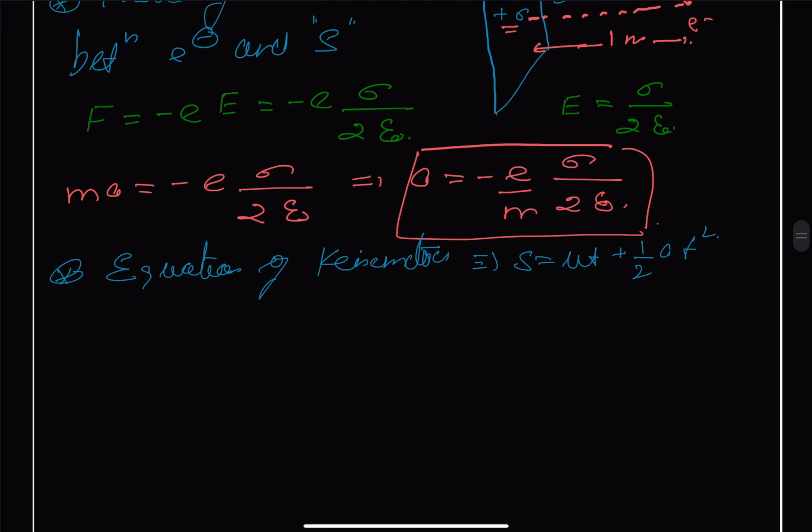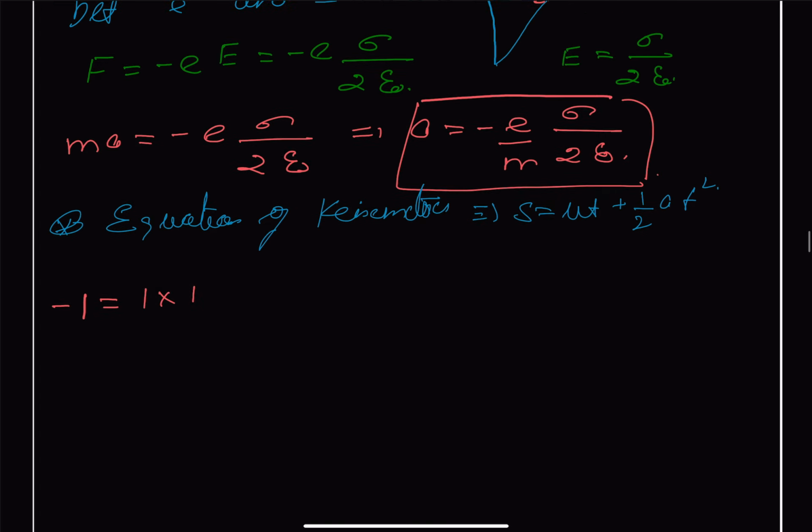So we substitute the values, we get S is our 1 and u is our 1, time is also 1, and acceleration we just found out is minus E sigma upon m into 2 epsilon naught, and this comes as t square, 1 square.